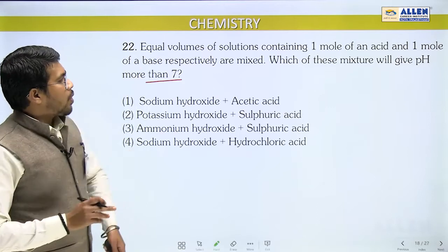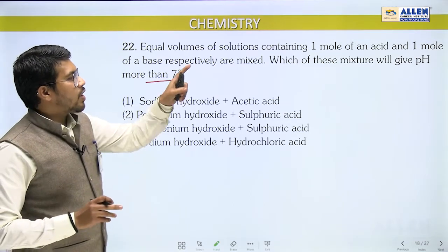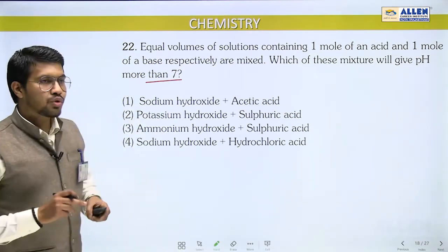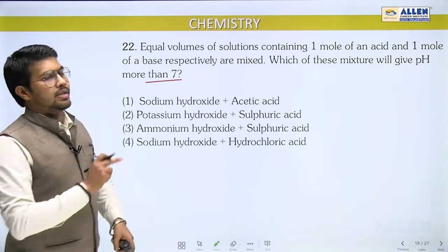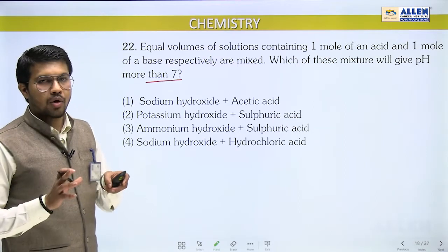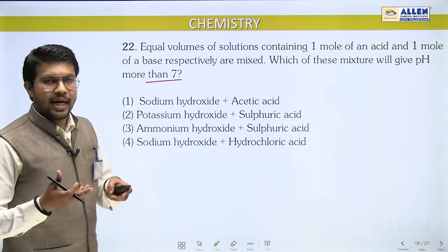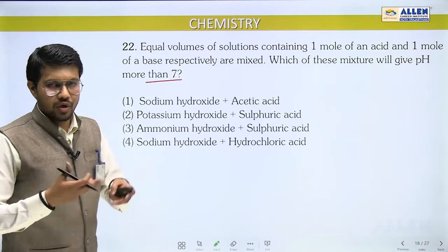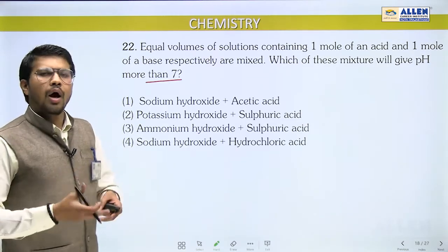Now, the problem here is that we have 1 mole of acid and 1 mole of base. So, this cannot have both strong acid and strong base, because in that case a neutral solution will be formed.